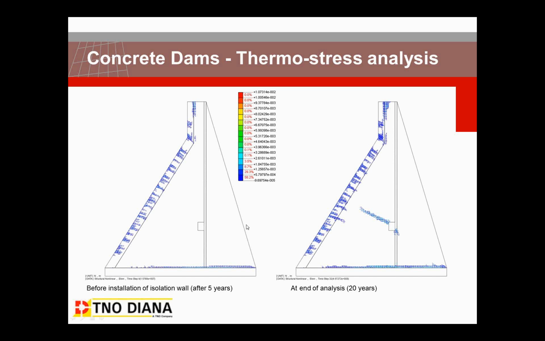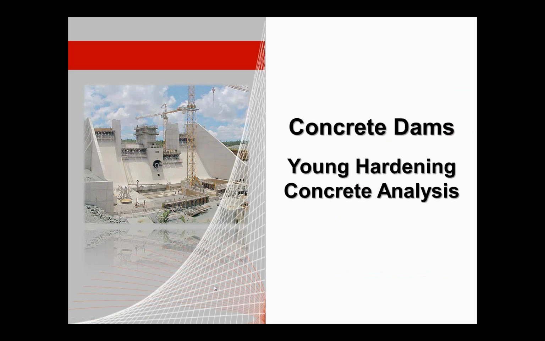But what you see is, because of this isolation wall, the thermal expansion was more located on the outer part of the dam. So instead of reducing the thermal expansion effect, it more localized the effect around this part. So after 20 years there were even more cracks predicted than we found in the situation after 5 years.